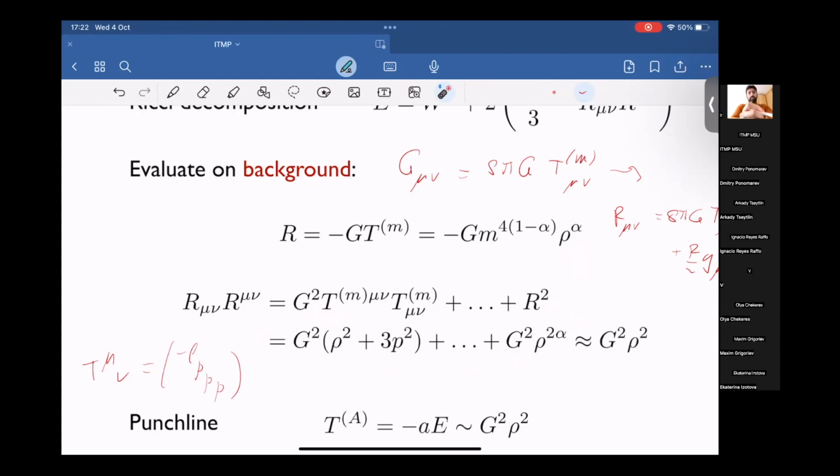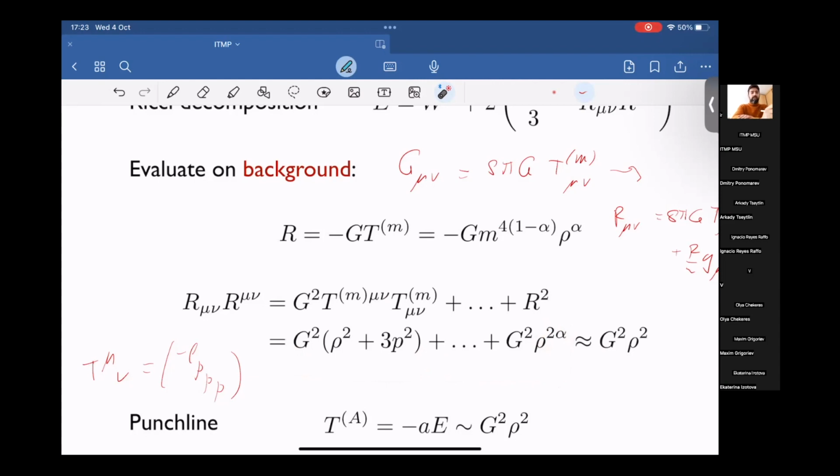Again, at very high energies, that is much higher than the mass of the field, the first term dominates over all the other terms, because all these other terms scale with some power of alpha, and because alpha is smaller than 1, all those terms are subdominant at very high energy.